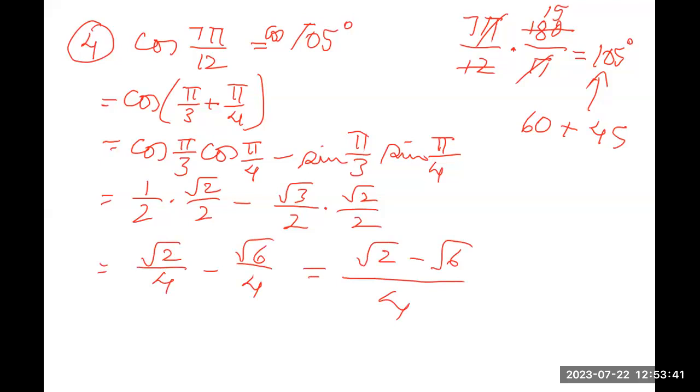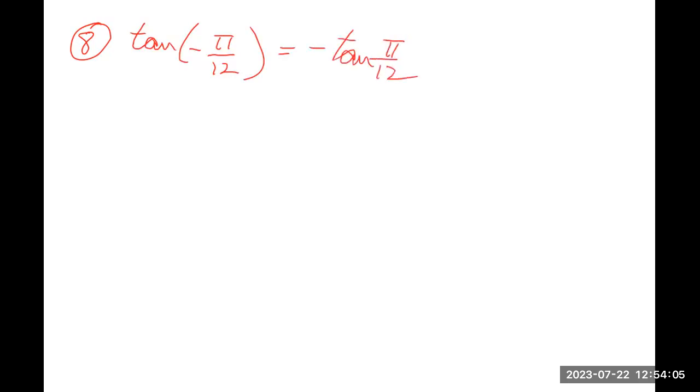Let's take another example. This is problem number 8. Tan of -π/12. So we have to find the exact value of this. First of all, since tan is an odd function, we can pull the negative out, and that's tan of π/12.